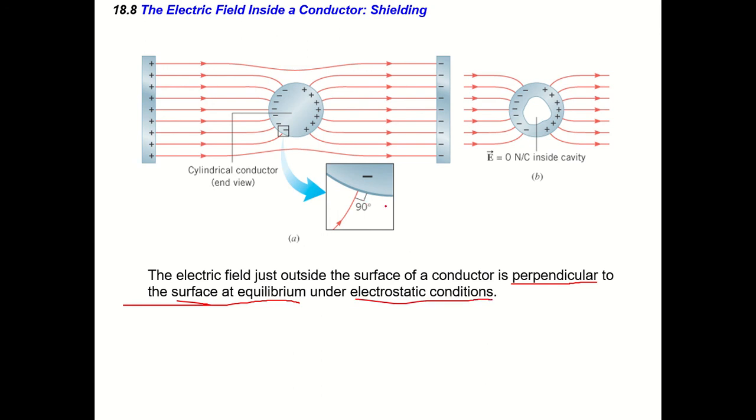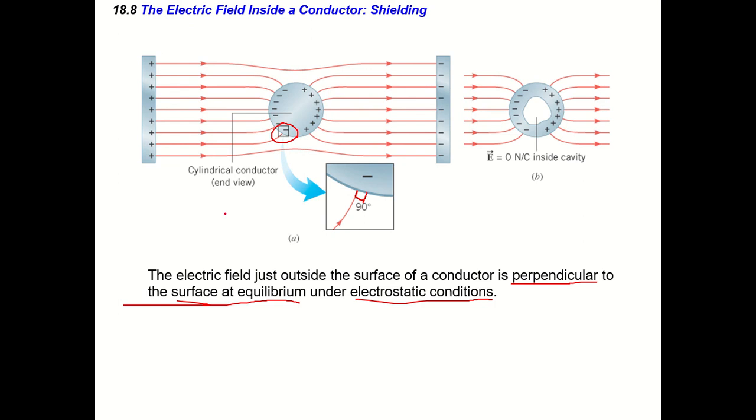This part here is enlarged, and you can see it here. This line here is perpendicular, meaning it makes 90 degrees with respect to this circular part. Okay, so that's perpendicular.